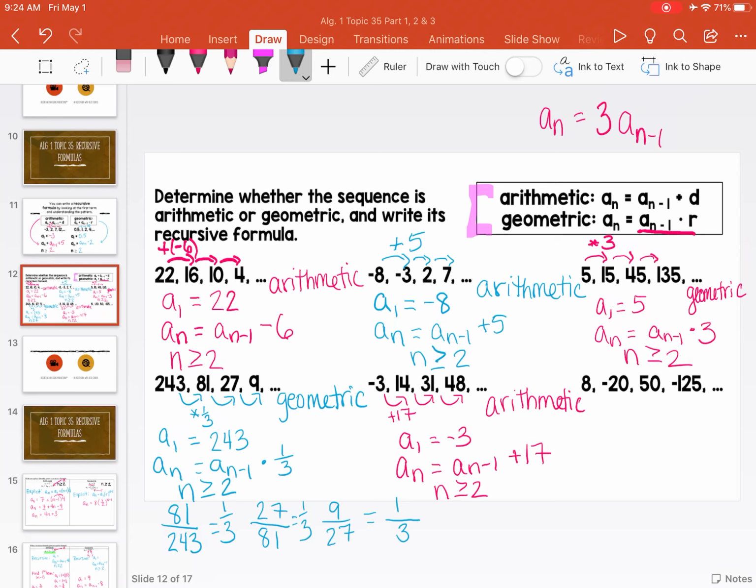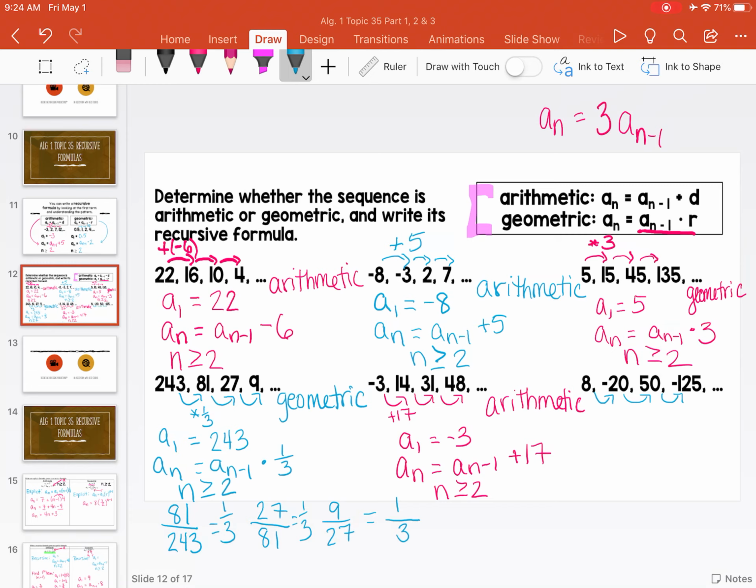Last example. We have 8, negative 20, 50, and negative 125. Now notice here how I'm jumping back and forth in between positive numbers and negative numbers. Now can I add a number consistently so that I go back and forth between those two sides of the number line? I can't. So in this case, I must be multiplying.